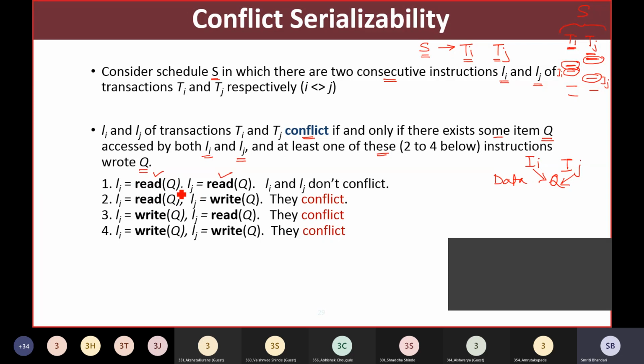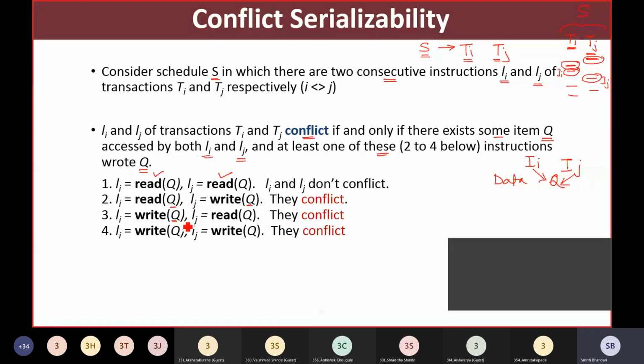What we mean by that? For example, if my two consecutive instructions II and IJ are both read instructions, both are reading the data item Q, so there is no write instruction involved.